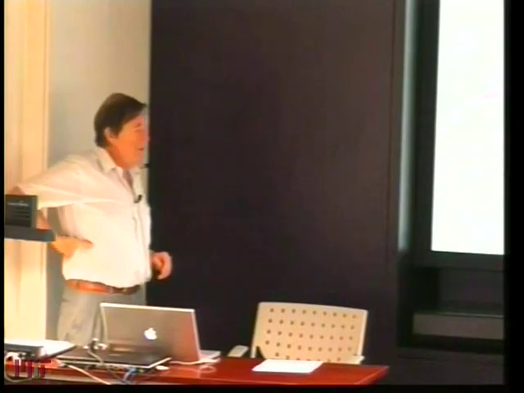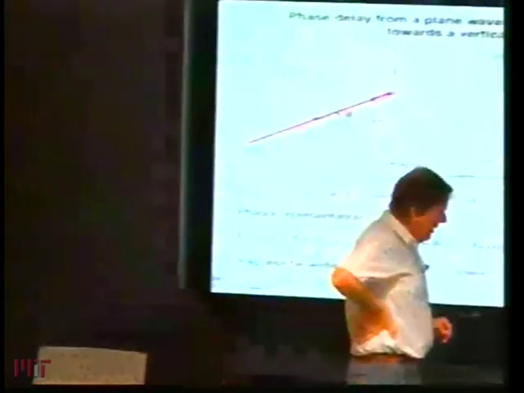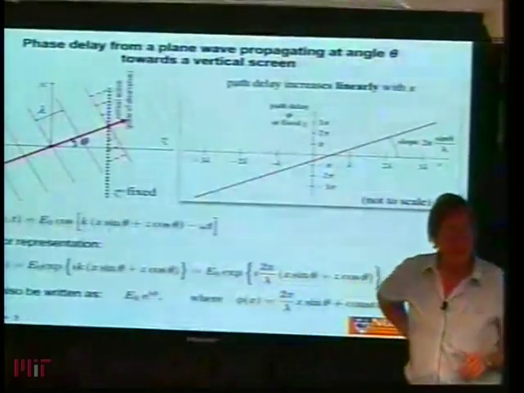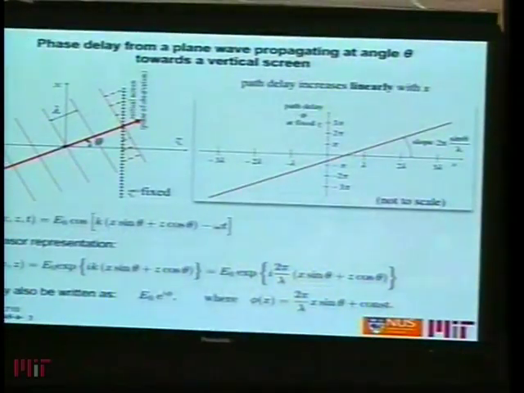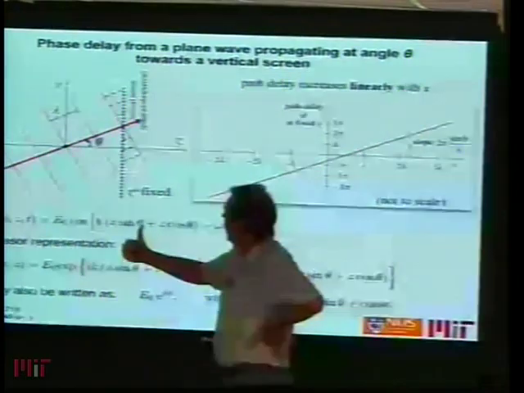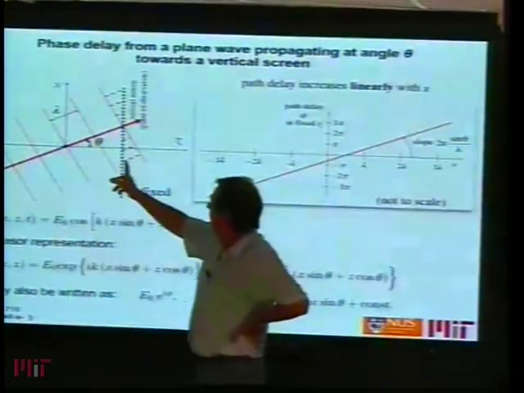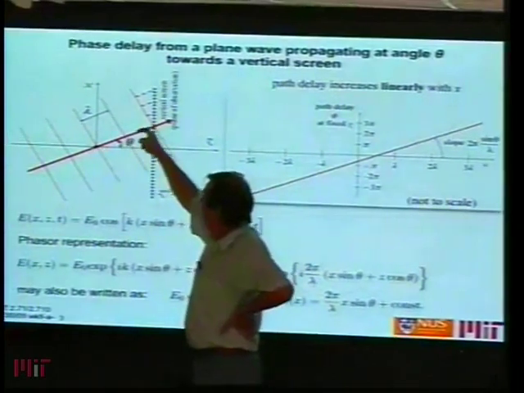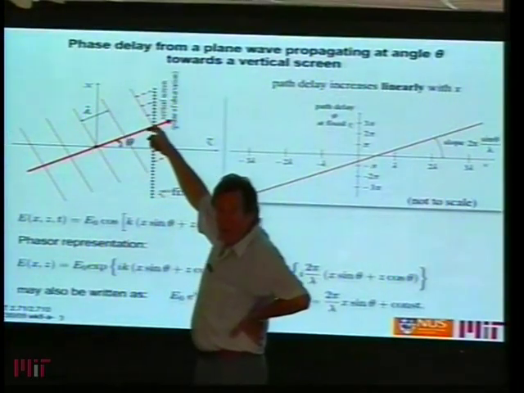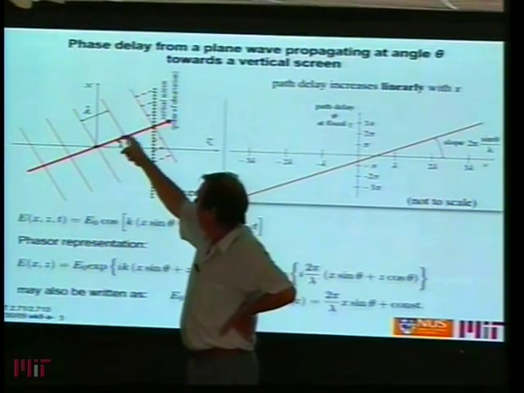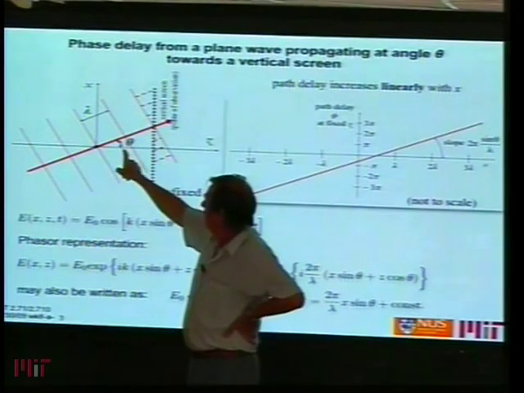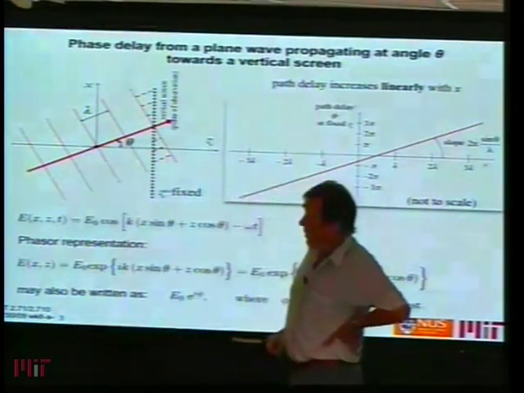Okay, and then let's think now what happens if we've got a plane wave propagating along at an angle with the axis. So here's this wave coming along, going along a line. The direction of propagation of the wave is along this direction, which is an angle theta with the axis.